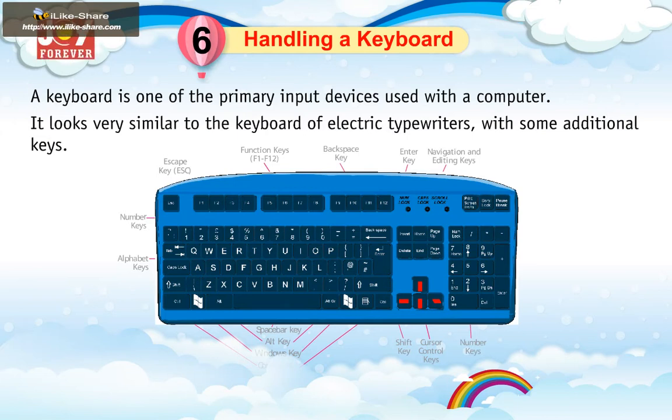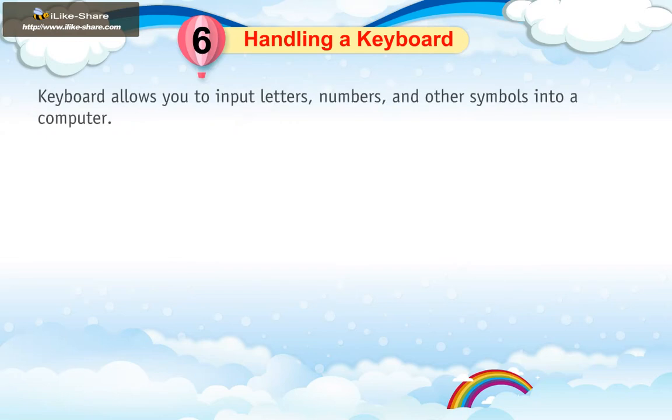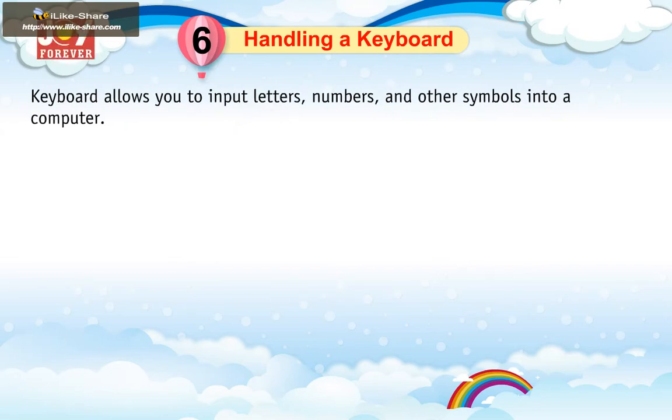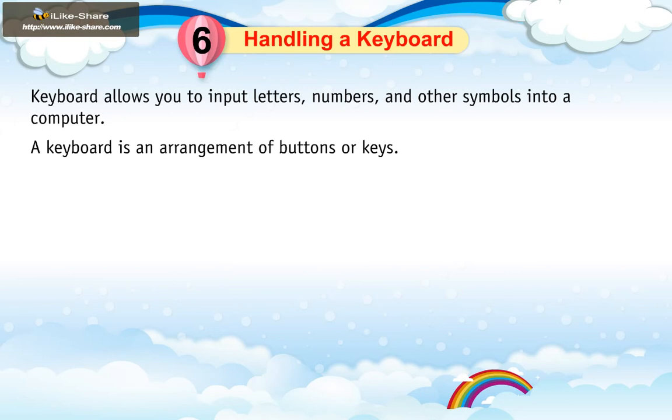It looks very similar to the keyboard of electric typewriters with some additional keys. A keyboard allows you to input letters, numbers, and other symbols into a computer. A keyboard is an arrangement of buttons and keys.